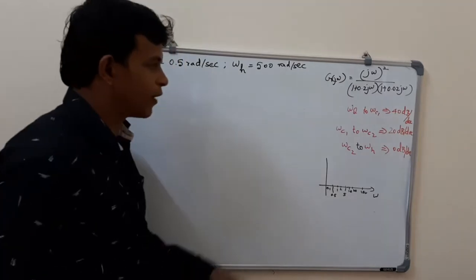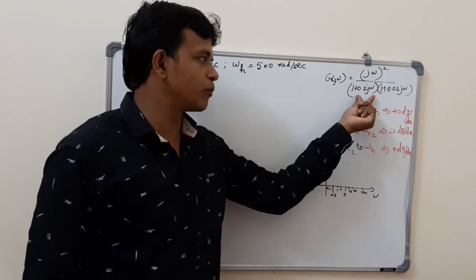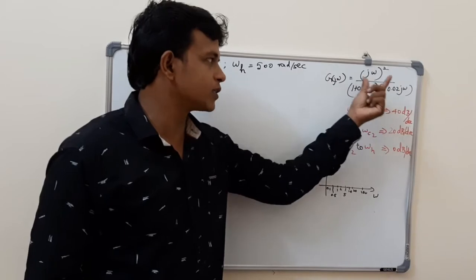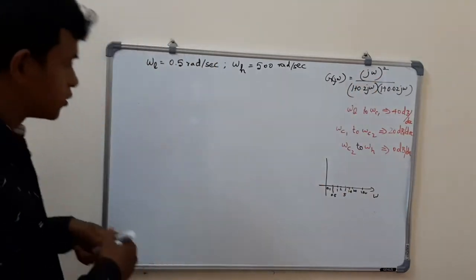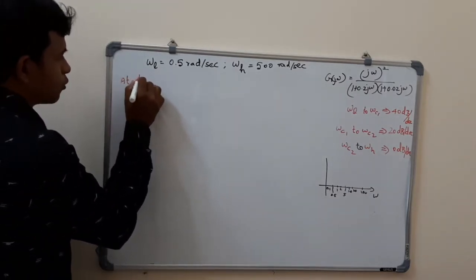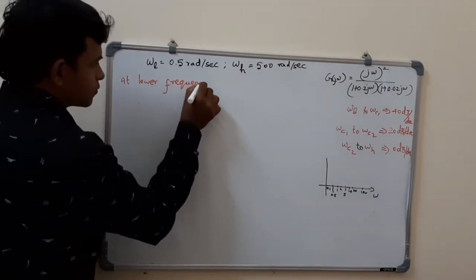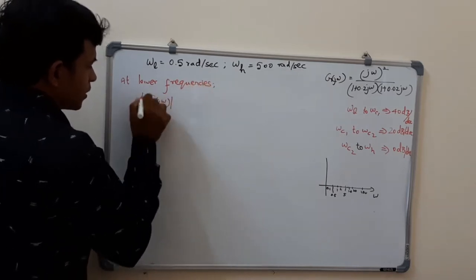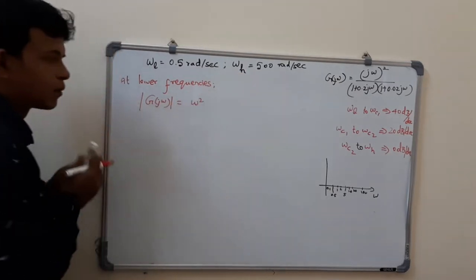So for that we need to find the value. Initially at lower frequency, the factors 1 plus 0.2 j omega and 1 divided by 1 plus 0.02 j omega do not have any importance, and the value can be found out only by using this derivative factor. So G of j omega at lower frequencies, the magnitude of G of j omega is given by omega square.